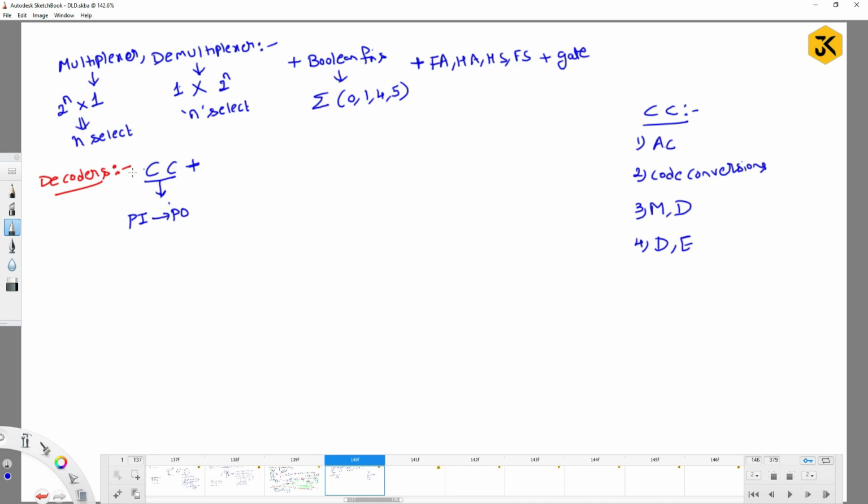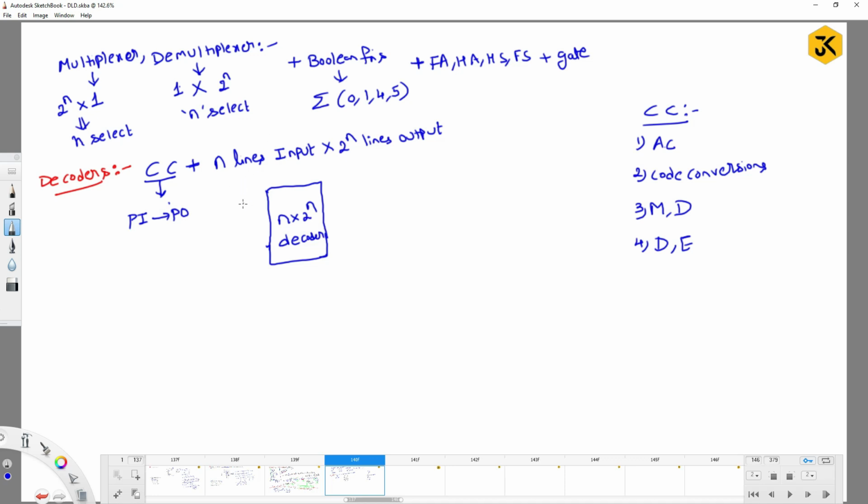So a decoder is a combinational circuit which takes n lines as input and produces 2 power n lines as output. If you observe the structure of the decoder, we can represent it like this: an n by 2 power n decoder. It has n lines as input and produces 2 power n lines as output.